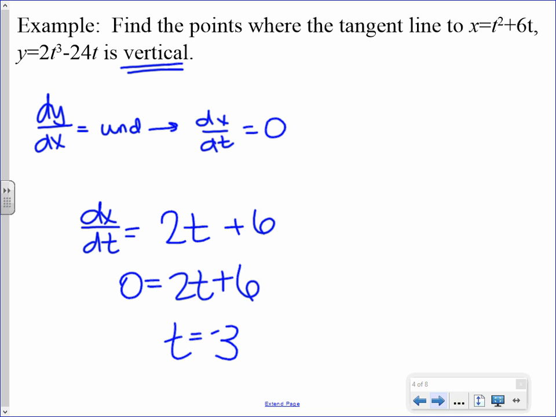Nope. It's asking for the points, or in this case, point, where we have a vertical tangent. When t is negative 3, we plug that in for our x equation, and we get negative 9. And for y?